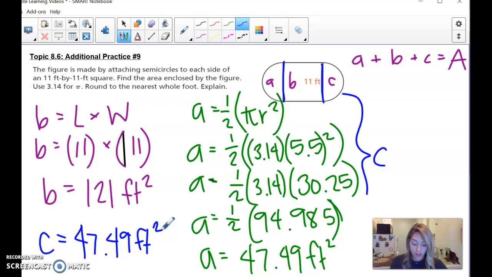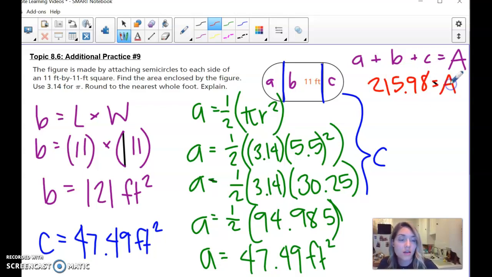Now at the end, I don't want to round to a whole number till the very end. So I'm going to add 47.49 plus 47.49 plus 121, and that total is going to equal 215.98. So 215.98 is equal to the total area.